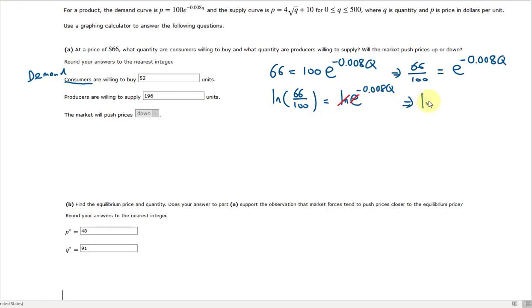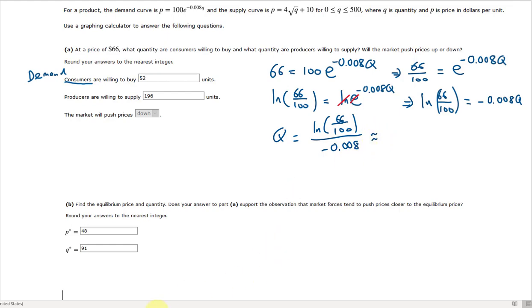You get ln 66 over 100 equals minus 0.008 Q. Now we divide both sides by minus 0.008, so Q equals ln of 66 over 100 divided by minus 0.008.